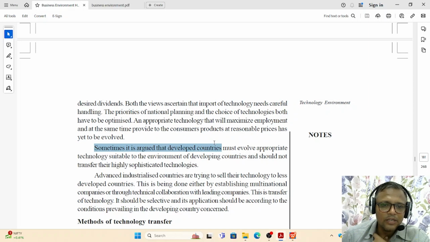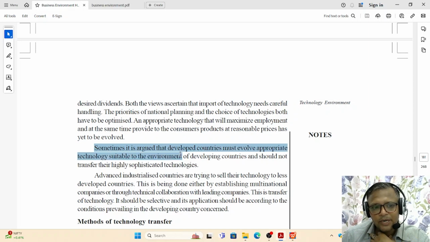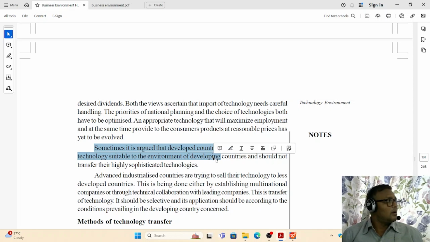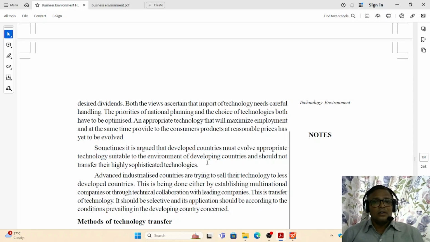Sometimes it is argued that the developed countries must evolve appropriate technology suitable for the environment of the developing countries and should not transfer their highly sophisticated technologies.